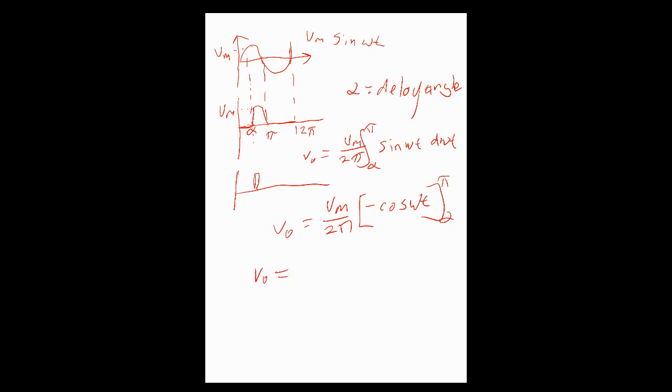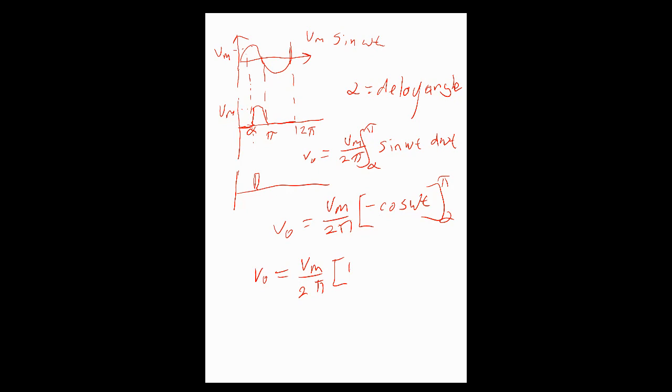So what's this equal to? It's clear that this is Vm over 2 pi, and you substitute, so that's minus cosine of 180.